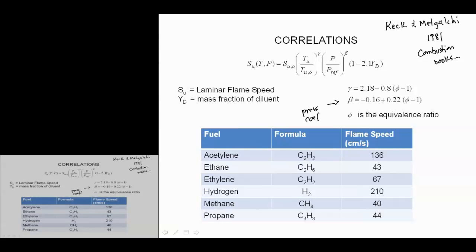Here's, again, our temperature coefficient, gamma. We can correct for both of these with the equivalence ratio. Remember, the equivalence ratio is fuel over air divided by fuel over air stoichiometric. And these are our reference condition laminar flame speeds.